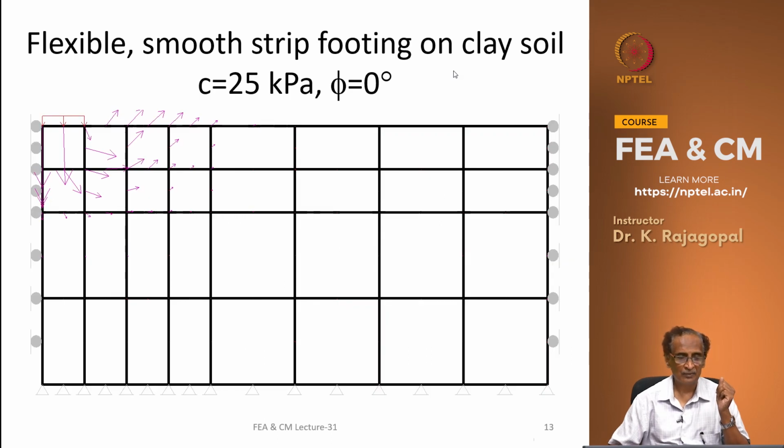And here you see the deformation pattern of a flexible strip footing. Actually it's a smooth footing, and if it is a flexible footing, we assume that the pressure is constant all through the footing, and what we do is we apply equal pressure.